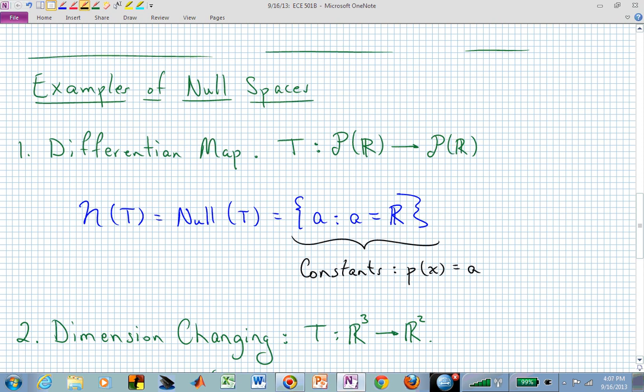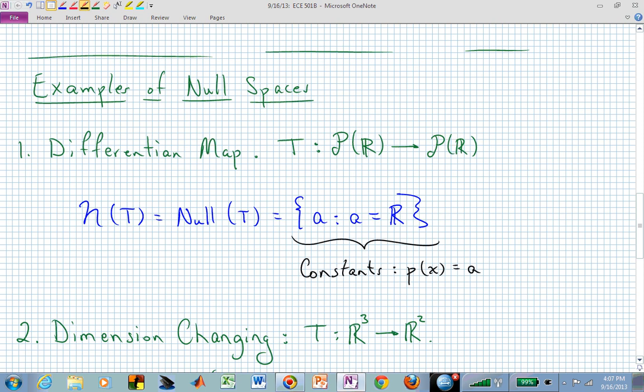If I gave you p of x equal to 3, then when you take the derivative with respect to x, it gets mapped to 0. I give you q of x equal to 10, I take the derivative of q of x, and the result is 0. Meaning the set of all constants belong to the null space of T, where T is this linear map, the differentiation operator.